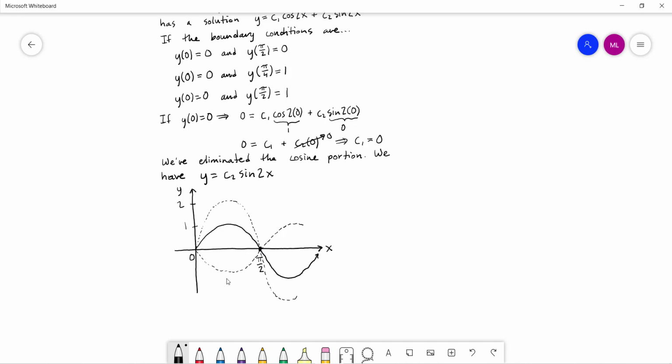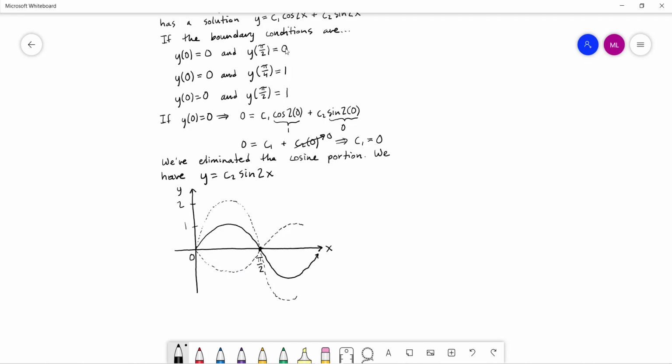We've just drawn 3 different curves that satisfy both of these conditions depending on the value we pick for C2. If C2 is just 1, we get this solid line right here. If C2 is 2, we get this double amplitude one that still comes back down and goes through that same point. Or if I made C2 be equal to -1, that flips it upside down and would be a curve that looks like this.